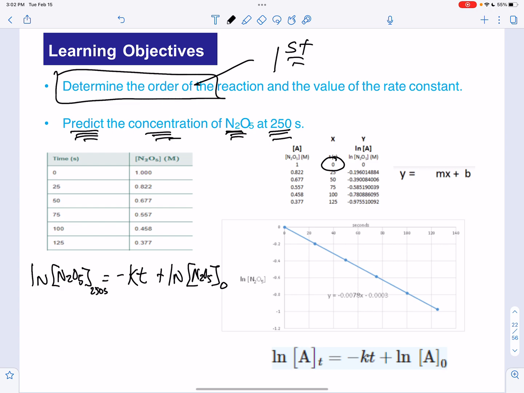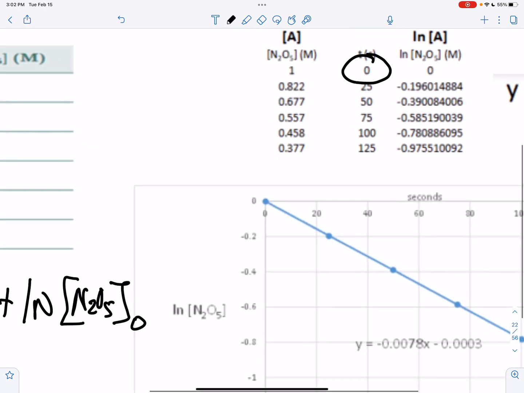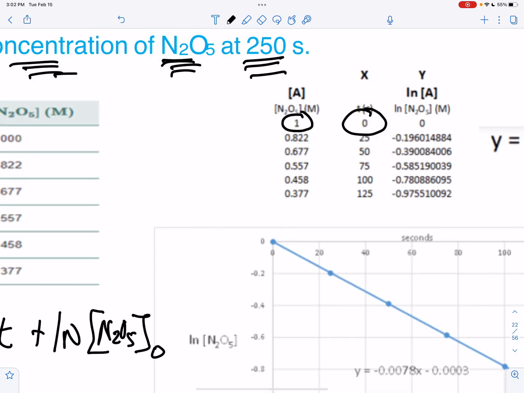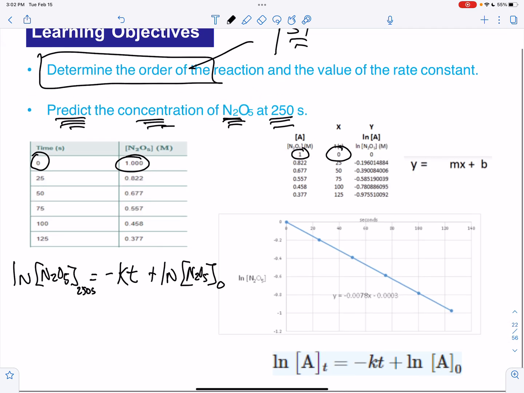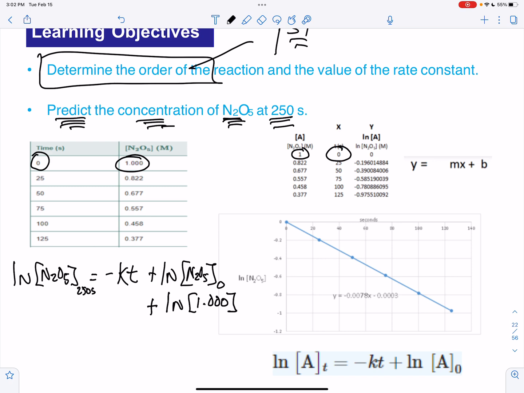At time 0. The initial concentration at time 0 is 1 molar. So we have one of the values. This is the natural logarithm of 1.00. What about the time? Well, the time we know is 250 seconds.